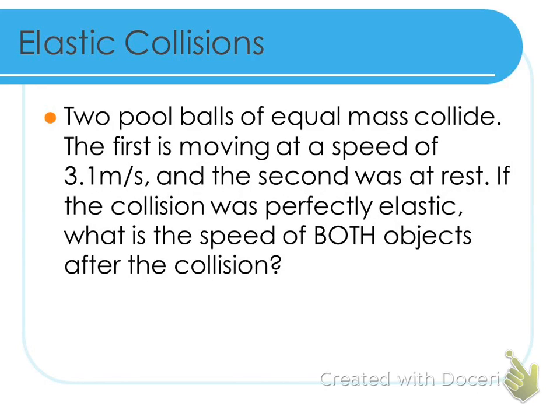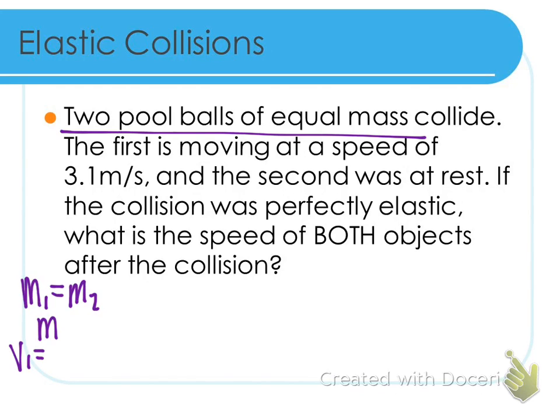So here, essentially, it tells us that M sub 1 equals M sub 2, right? Two pool balls of equal mass. That means each of them has the same mass, so we can just plug in an M for our mass. V sub 1 is 3.1.